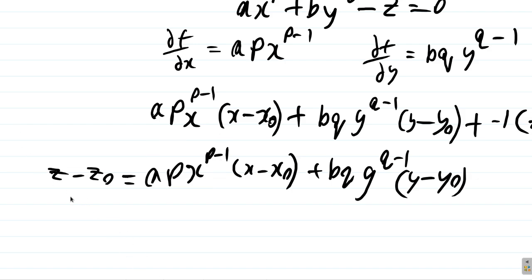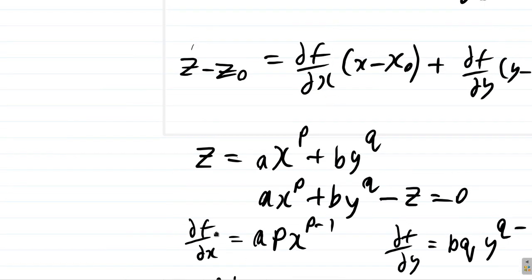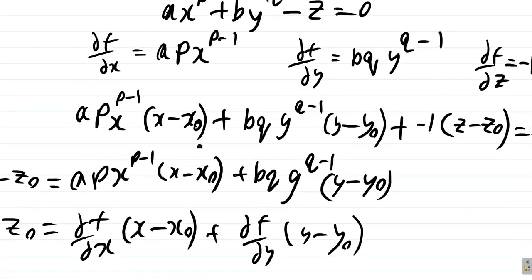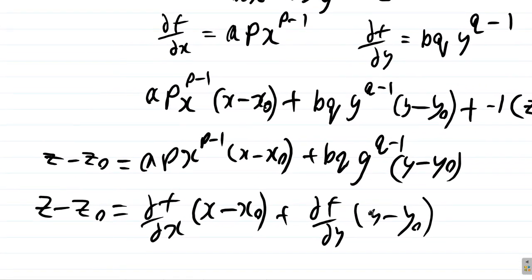Alright, so you have z minus z naught equal delta f by delta x, x minus x naught, plus delta f by delta y, y minus y naught. So z minus z naught is equal to delta f by delta x, x minus x naught, plus delta f by delta y, y minus y naught.